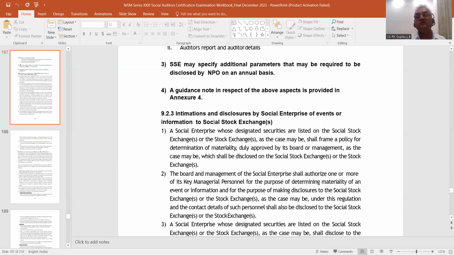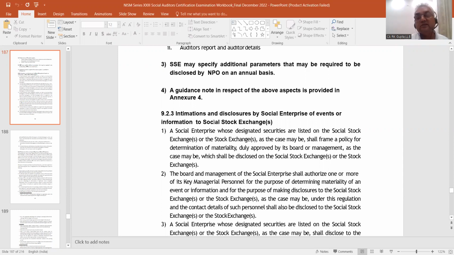Now, intimations and disclosures by social enterprises of events or information to the social stock exchange. So first were the general disclosures, then there are certain intimations and disclosures by social enterprises of events or information. The earlier disclosures are to be made on an annual basis.